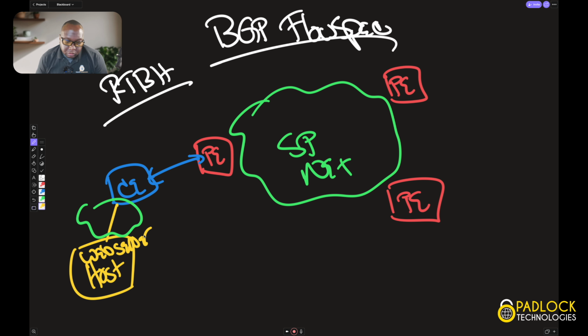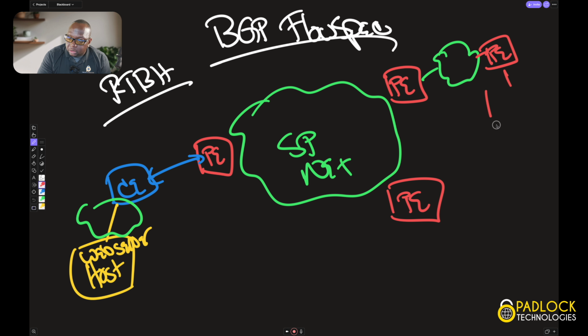All right. So what ends up happening with remote triggered black holing is, if this PE was connected to another network, and this was down here somewhere, and let's just say an attacker decided to do a DDoS attack. So they decided to do some kind of TCP SYN flood or whatever.